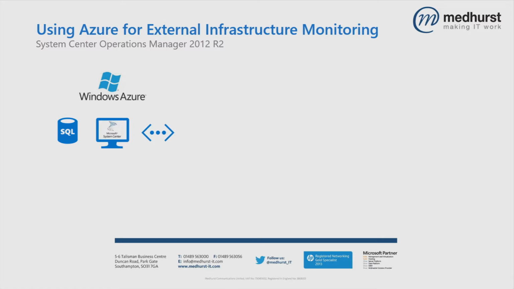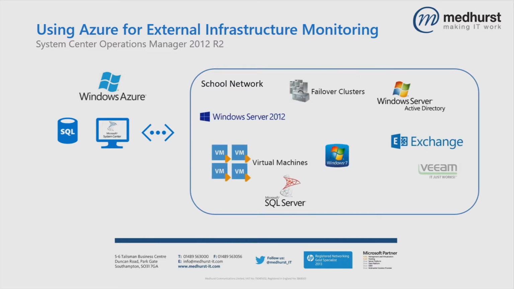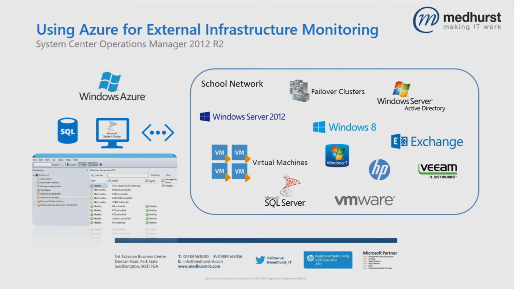We've already got a network connection in place using our Azure VPN site connectivity back to our school network, and as a result I can now start to manage and monitor and have insight into all of these different sorts of technologies. Okay, and I can manage it all through a very familiar interface. All the System Center products are based on an Outlook-like look and feel, so they should be pretty familiar to people.